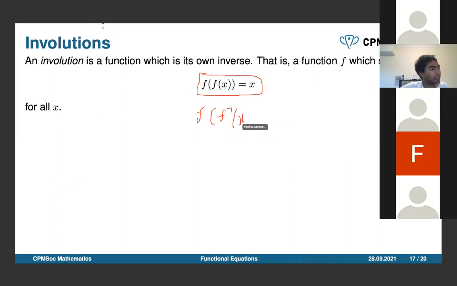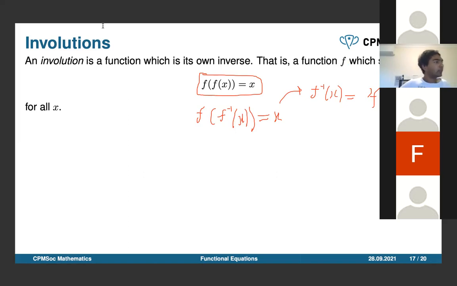So when the inverse exists, in this case, the inverse of the function is itself. That's the same as saying f inverse of x is equal to f of x.